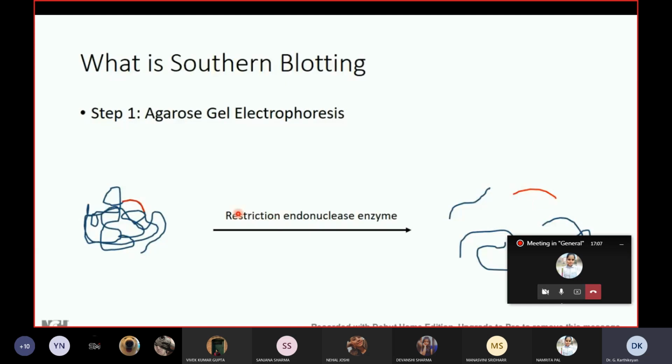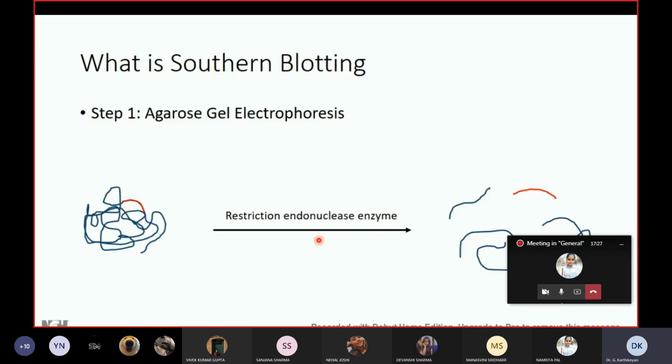Why? Because as I told you in the agarose gel electrophoresis video, the restriction endonuclease enzymes are many. So there are a lot of restriction endonuclease enzymes, and each one of them detects a specific sequence on the genome and cuts the DNA downstream of this sequence.